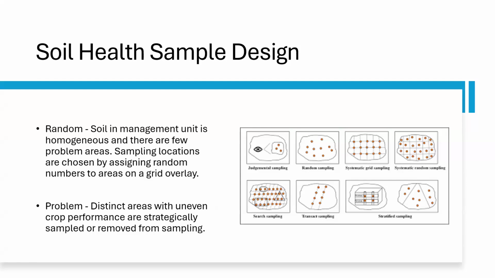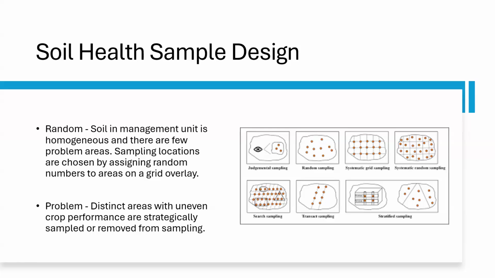Do you just want an analysis of this field and you want to know what the health of it is? Then you would go out and do random sampling, right? Choosing locations along a W pattern, or maybe you lay a grid over the field and you go to a random location within every part of the grid. So that's one way to go about it, but that may not meet your goal, right?